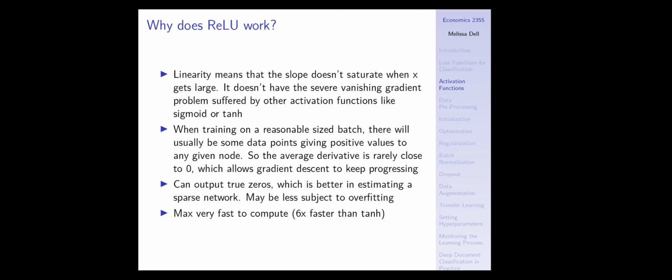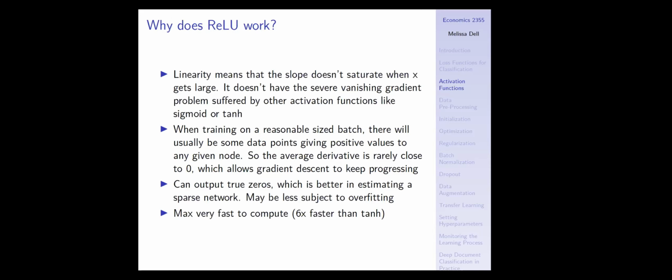In practice, if you have a reasonably sized batch, there will usually be some data points giving positive values to any given node. And remember, you're taking the average gradient across your mini batch. And so the average derivative usually isn't close to 0 if you've done a reasonable job at setting your learning rate and initializing the network. And that allows gradient descent to keep progressing.